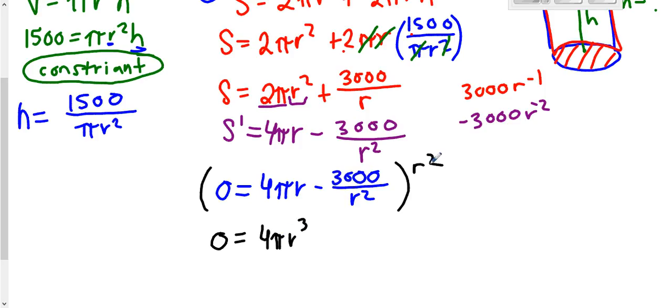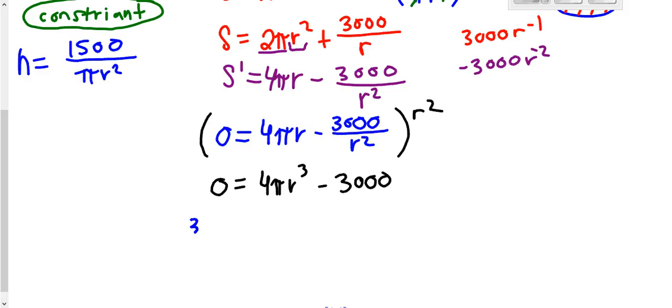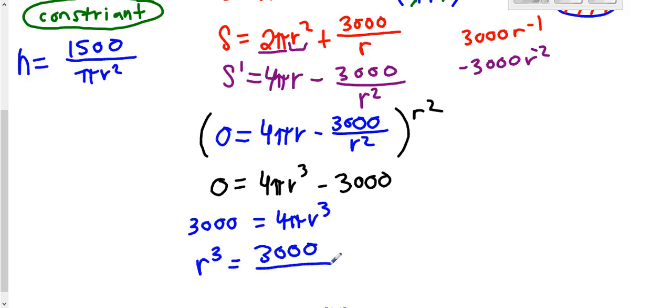The r squared cancels, that's the whole point of this, and we just have minus 3,000. This we can solve. Add 3,000: 3,000 equals 4 pi r cubed. So r cubed equals 3,000 over 4 pi. And to get that by itself, we'd need to take the cube root.